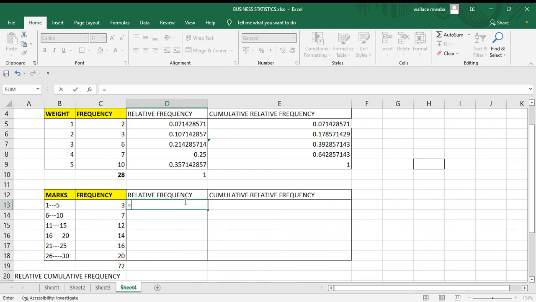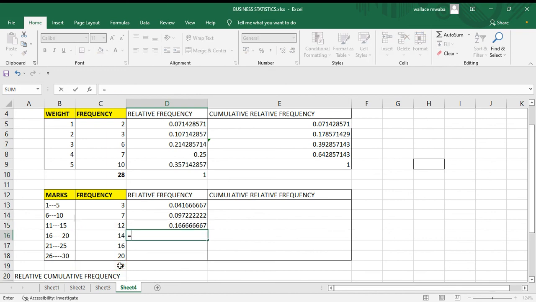Then we divide each frequency by the total. So say 3 divided by 72, that's 0.041. Then 7 divided by 72, that's 0.097. Then 12 divided by 72.